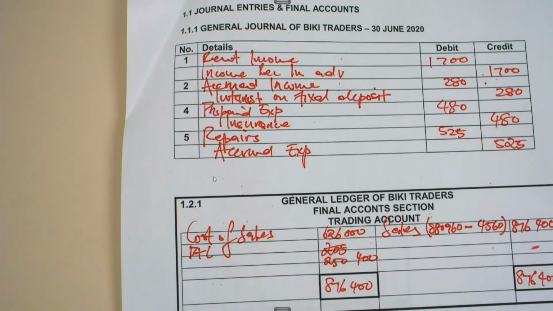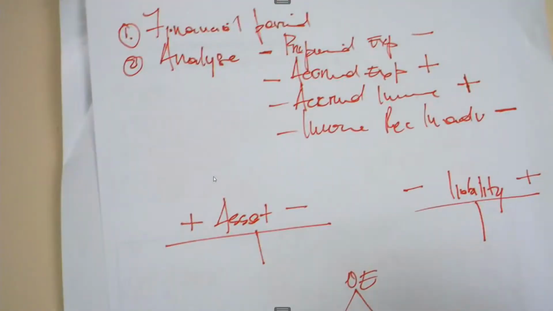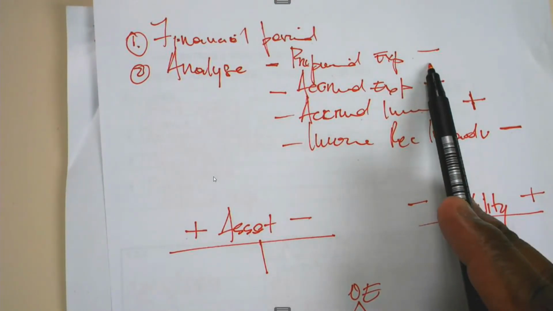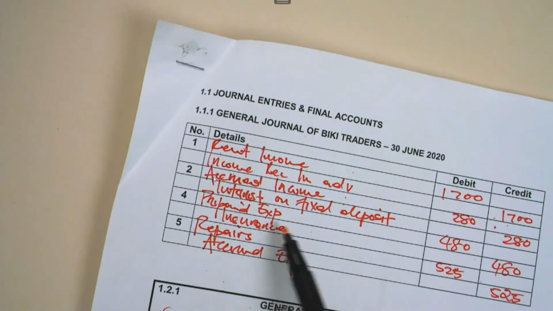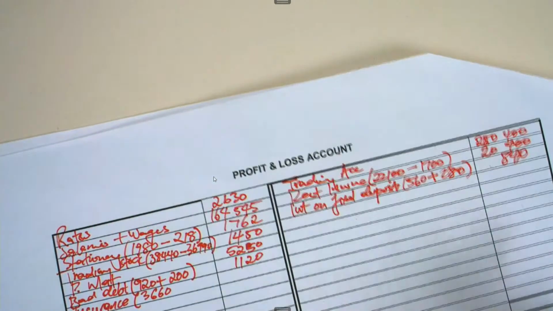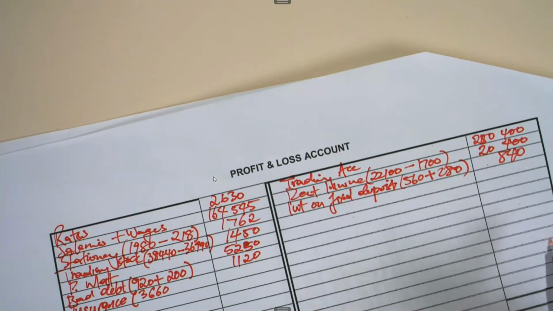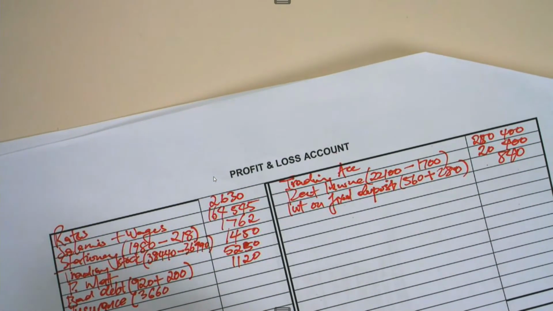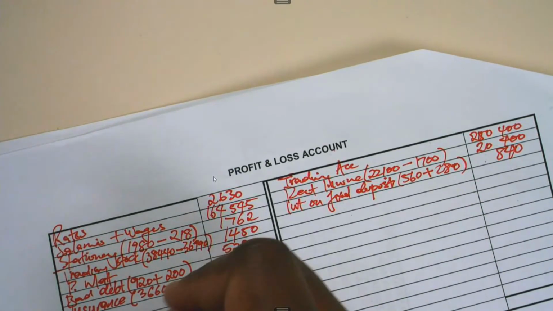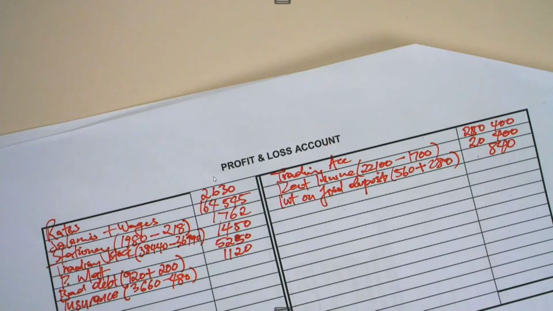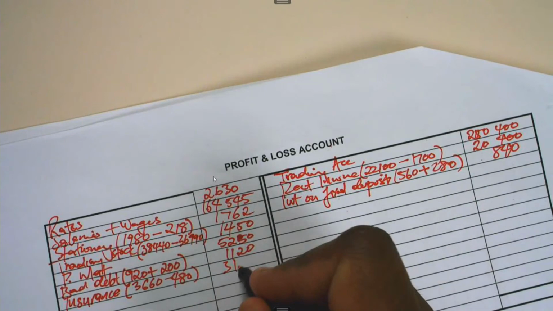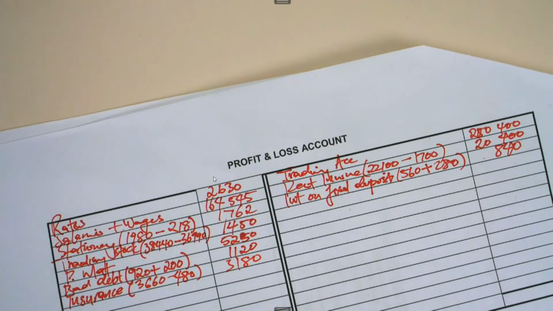Any prepaid expense, we subtract. Right. Let's go back there. We have prepaid of 480. So here it means we must now subtract 480 from 3,660. So we'll subtract 480 there. $3,180. Right.